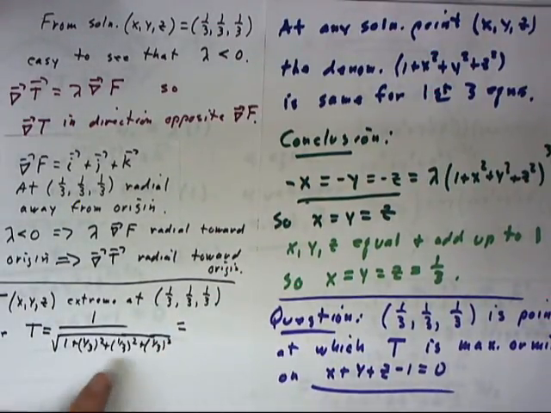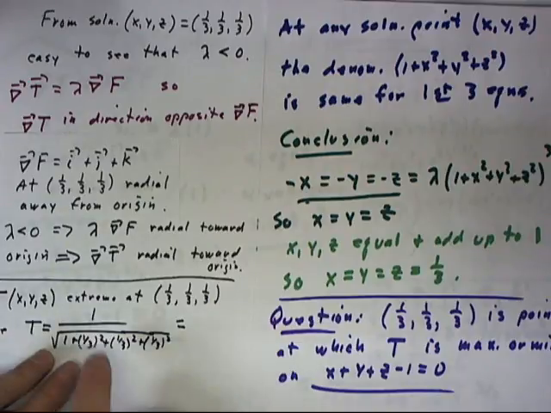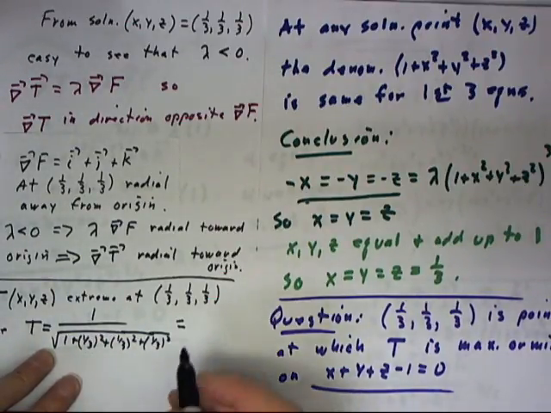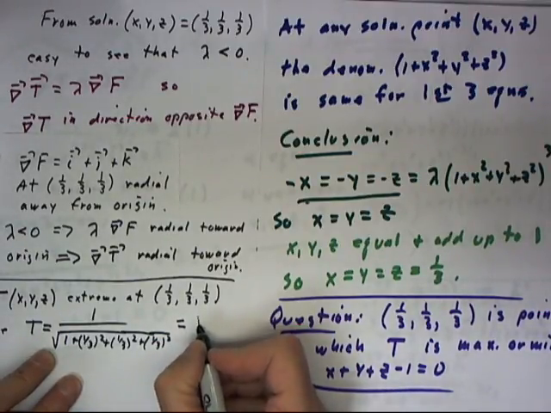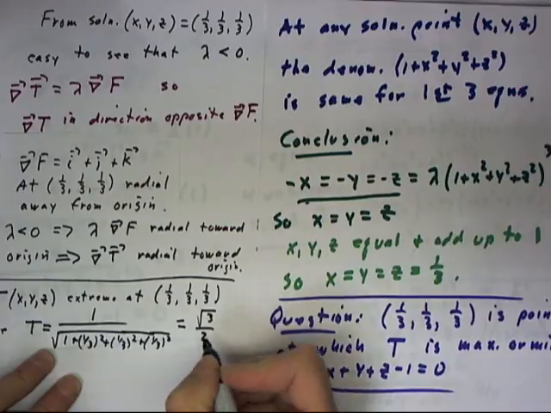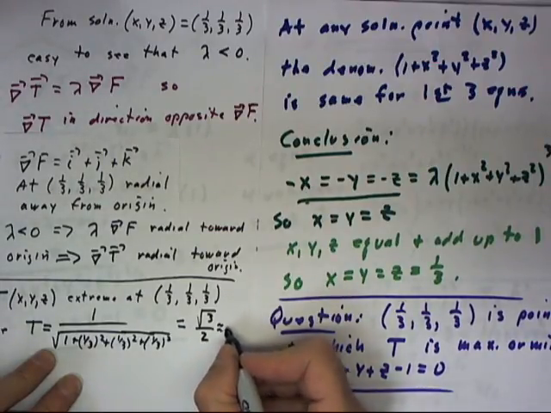So we can evaluate the temperature at this point, and that's going to be 1 over the square root of 4/3. So it's going to be the square root of 3/4. Turns out that's going to be square root of 3 over 2, which is approximately 0.87.